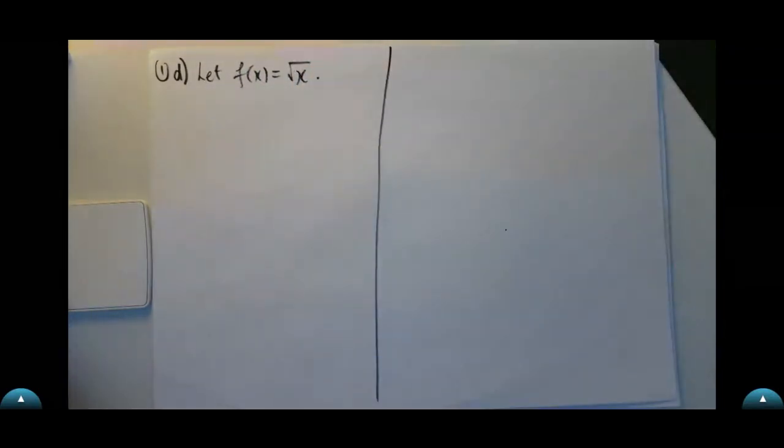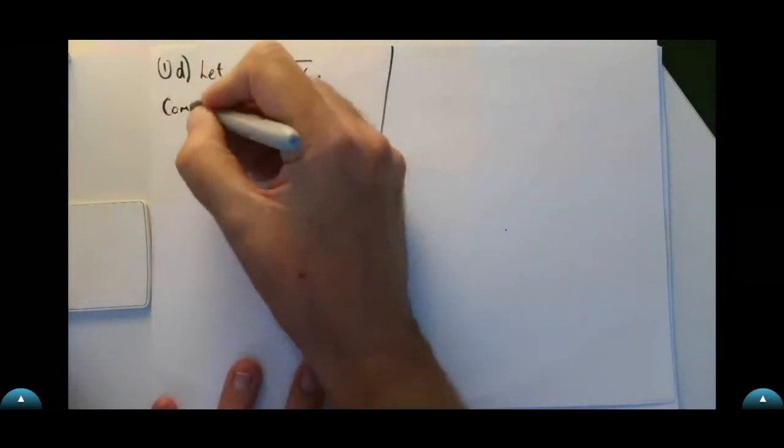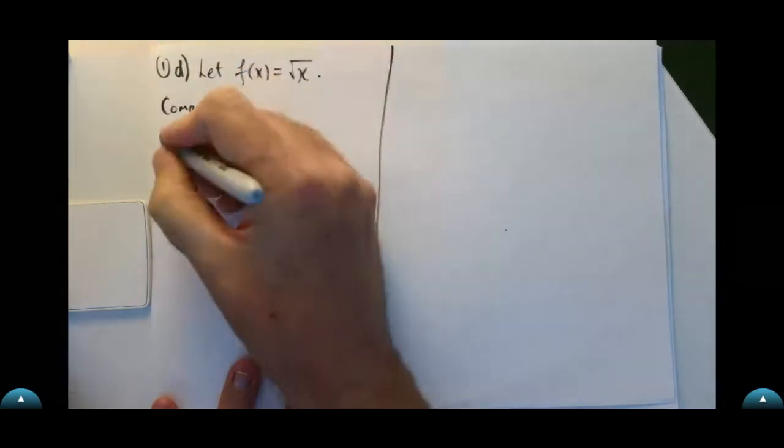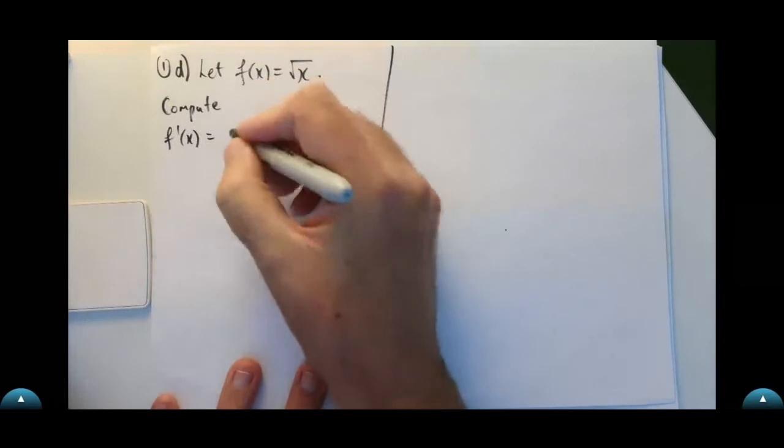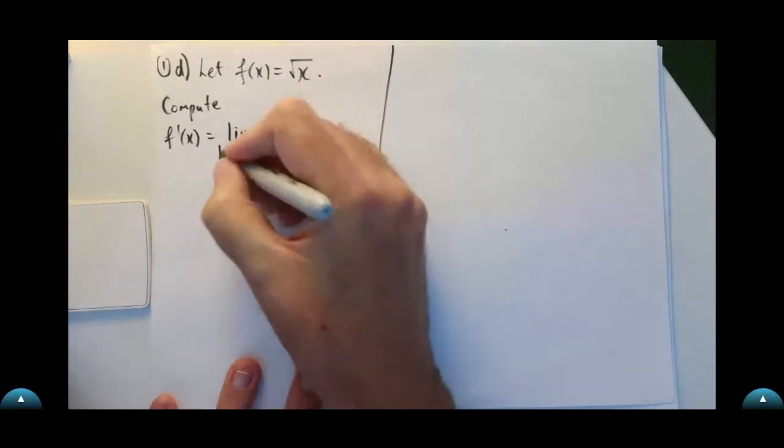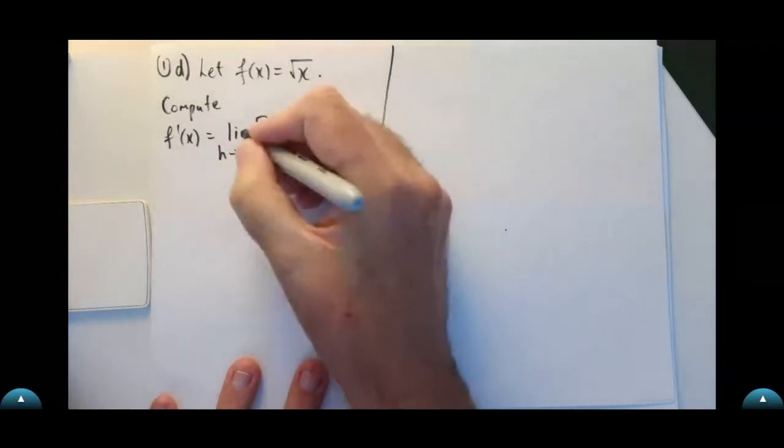We've got this function, and we want to compute the derivative from the limit definition. So if you remember, it's just this limit here.